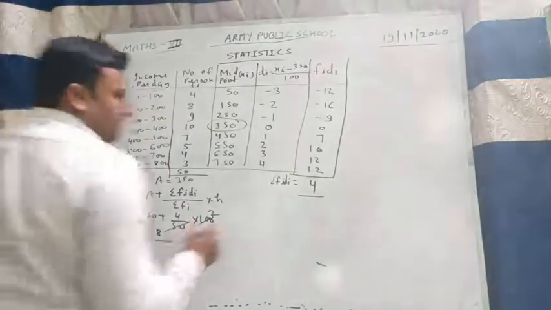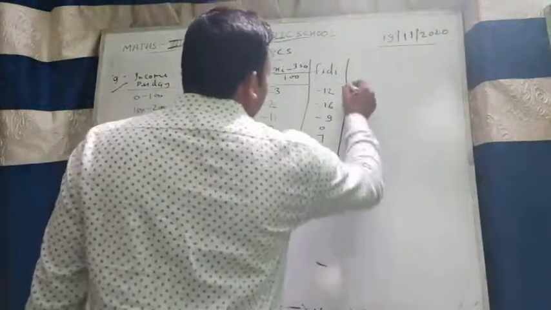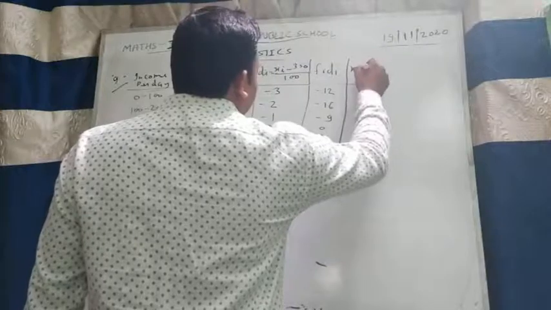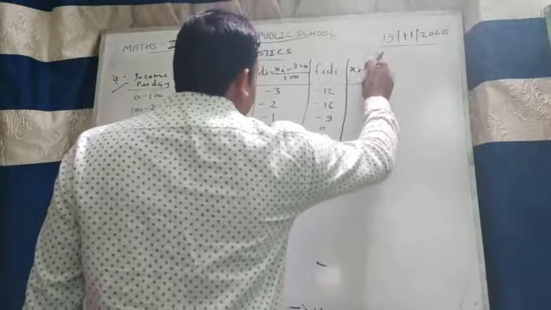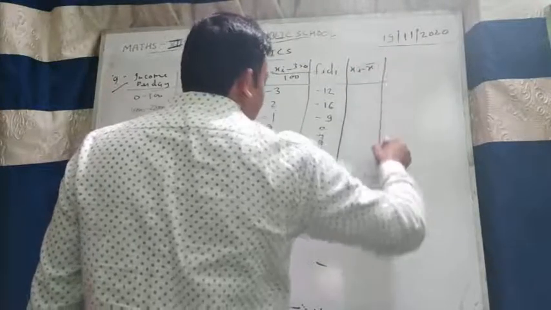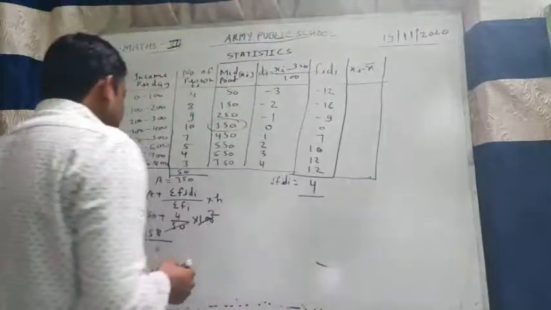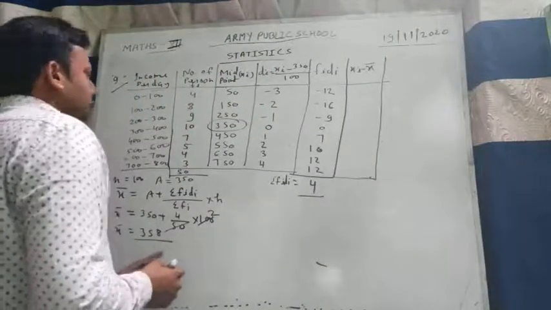Now we will find the next column, which is modulus of xi minus x bar, where x bar is 358.